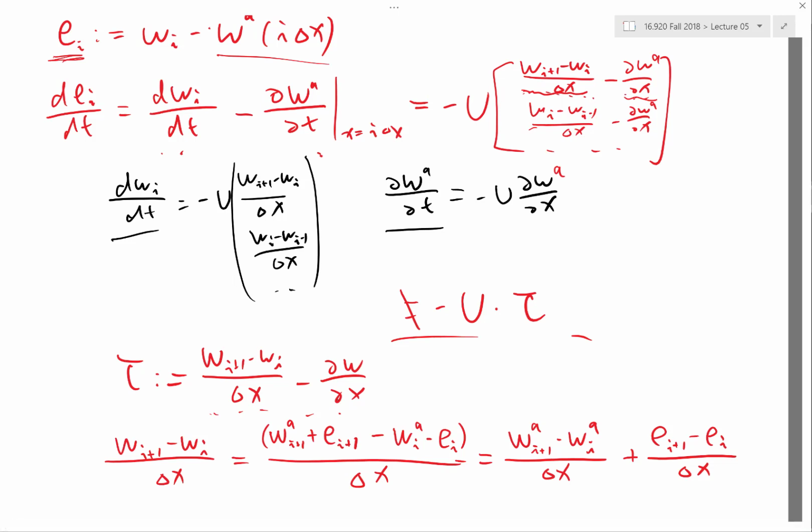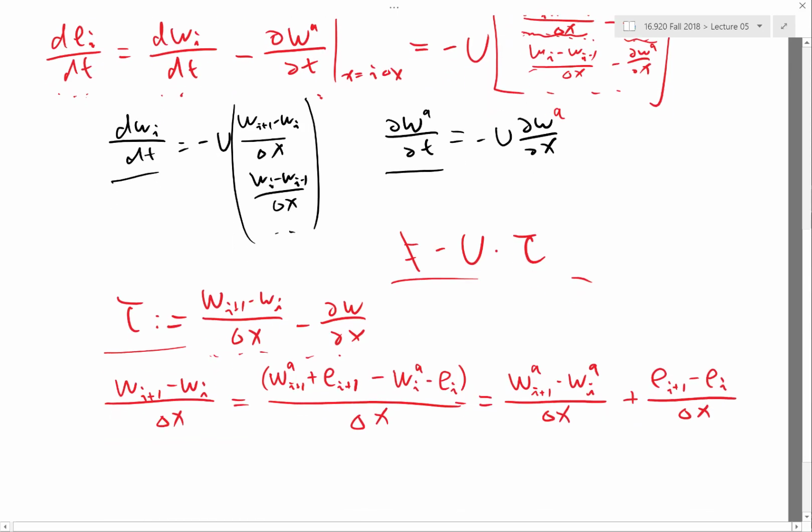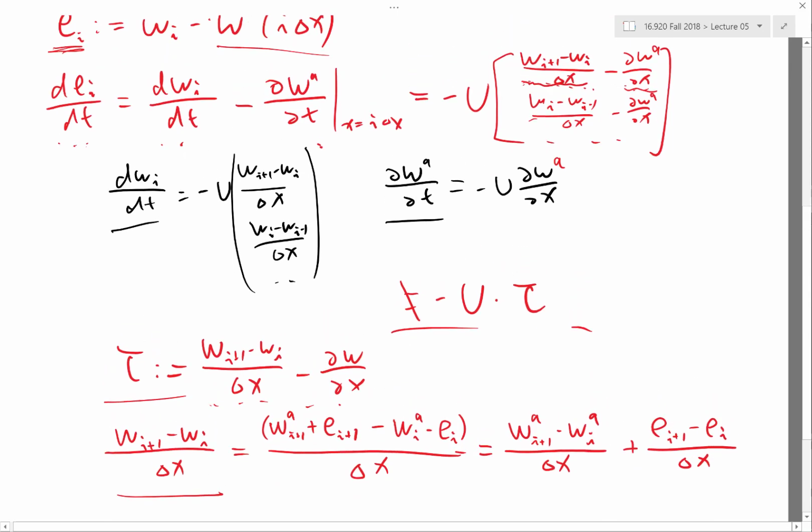But that error in time, dE_i/dt, yes, we want to write the evolution of the error as time evolves as a function of the truncation error, as a function of tau. So the goal is to plug this into the right-hand side of what we have already derived.